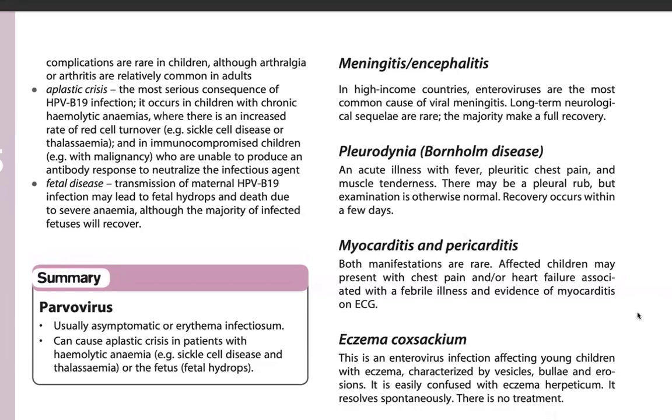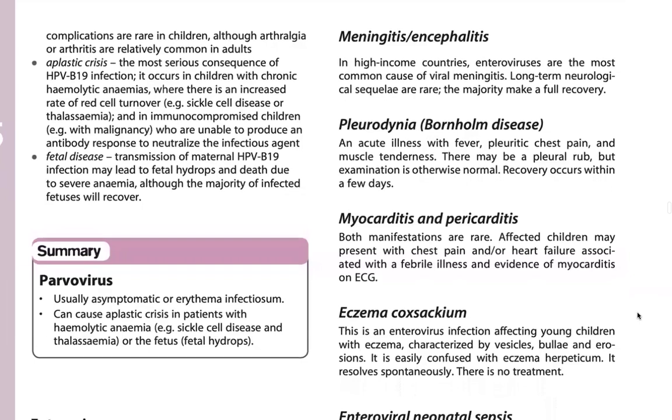Aplastic crisis, the most serious consequence of B19 infection, occurs in children with chronic hemolytic anemias, where there is an increased rate of red cell turnover, for example sickle cell disease or thalassemia, and in immunocompromised children with malignancy who are unable to produce an antibody response to clear the infectious agent.